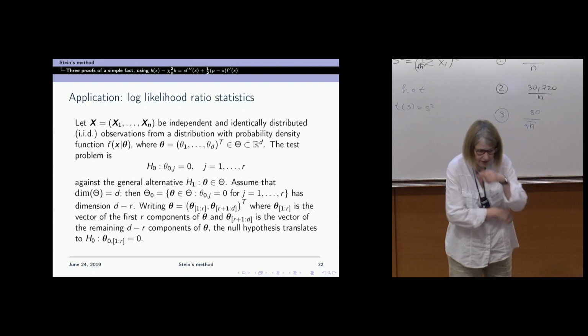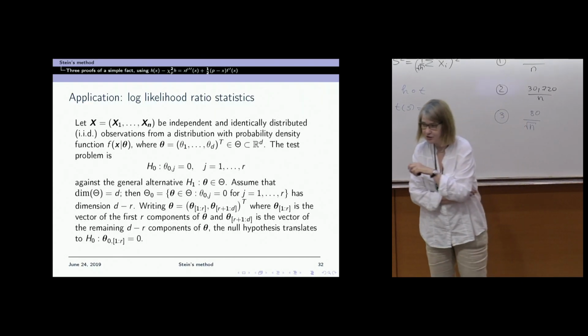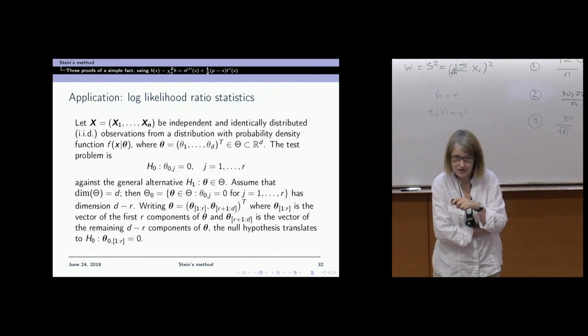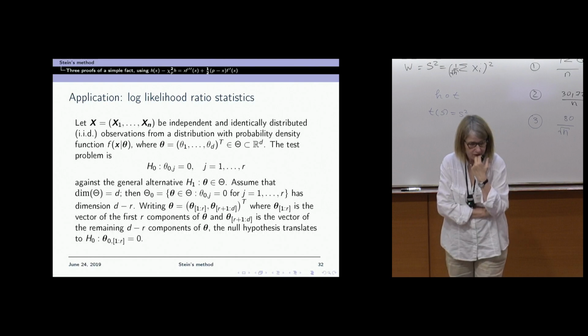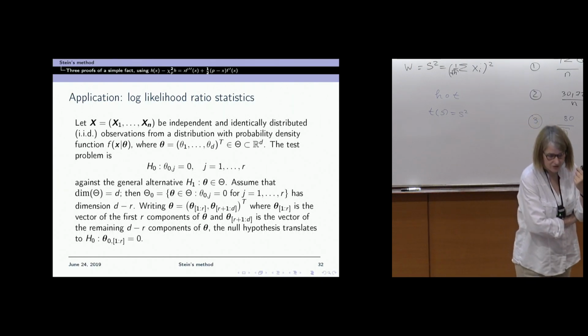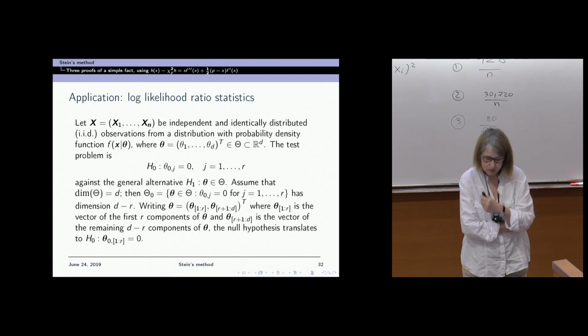So what we actually wanted to do all along is to look at the log likelihood ratio statistics and fit this in this framework. So assume we've got IID observations from a distribution.